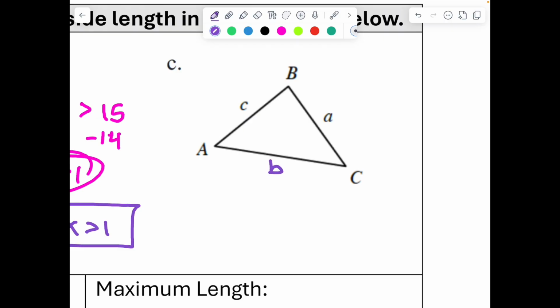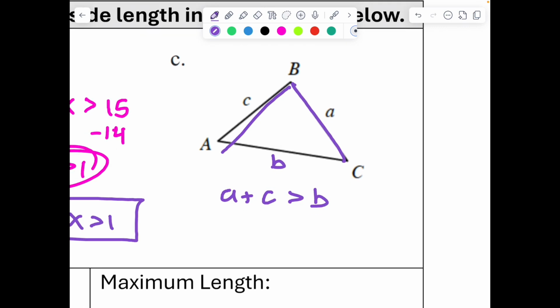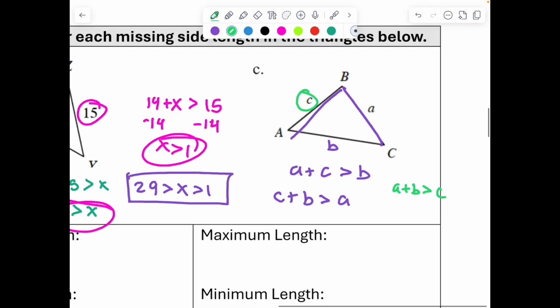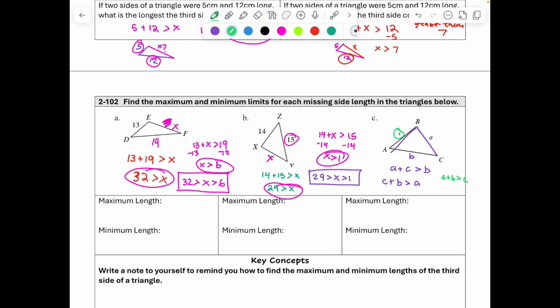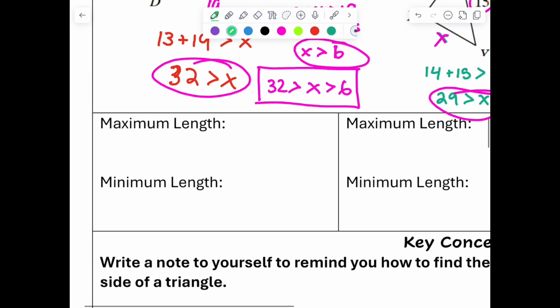Okay, and then finally, let's call this B. So if A and C were the shortest sides, A plus C has to be greater than B. Or let's say A was the longest side, then C plus B has to be greater than A. Or maybe C is the longest side, so then A plus B have to be greater than C. There's a couple different things that could be there.